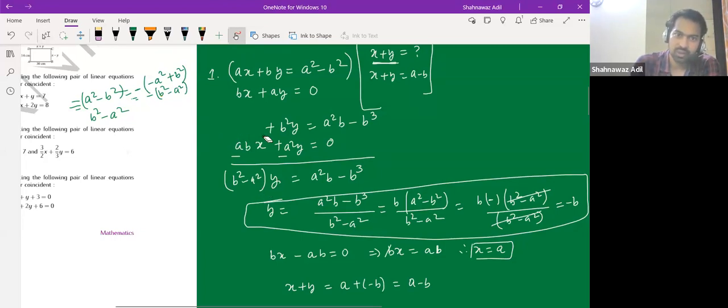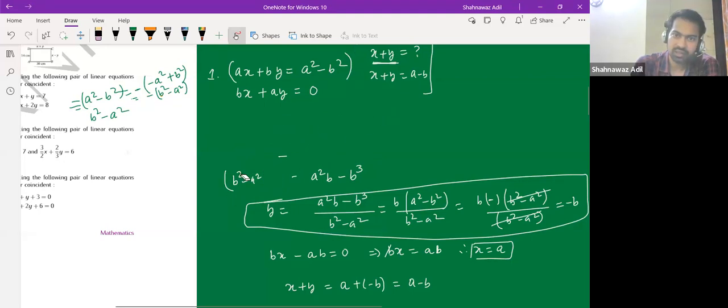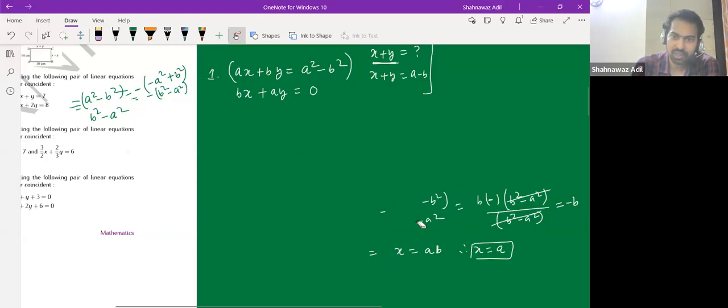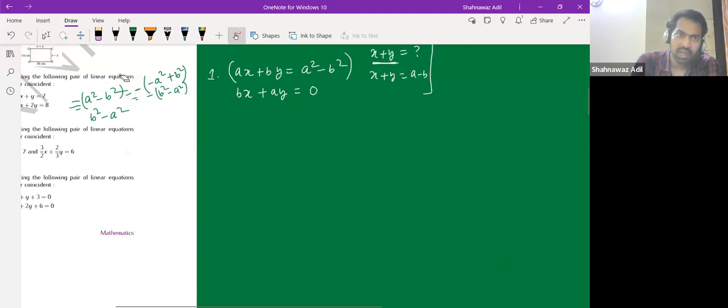Okay, now let us try Hashit's method, and then you guys decide which method is better. That is why we are doing all these questions, so that we have options for which method to try, depending upon the question. So Hashit was saying that we add these two equations.